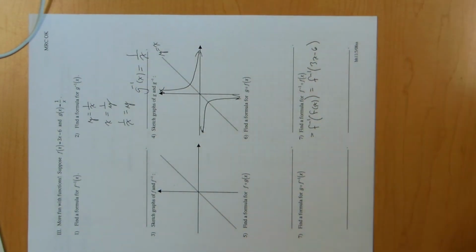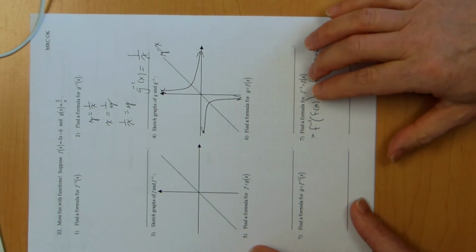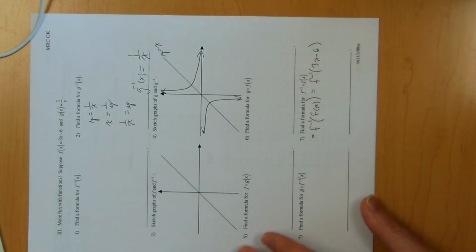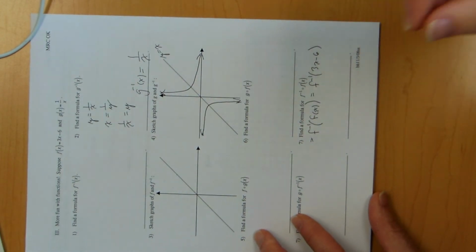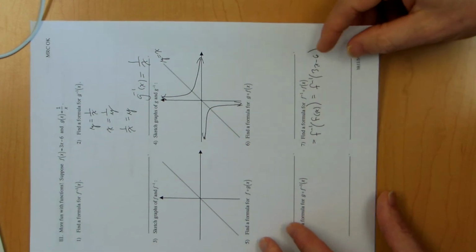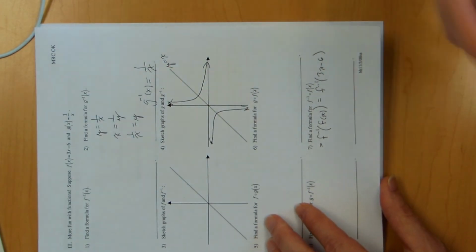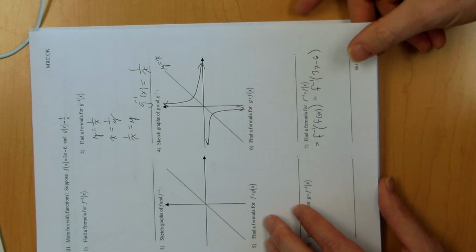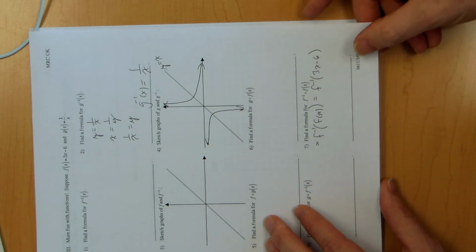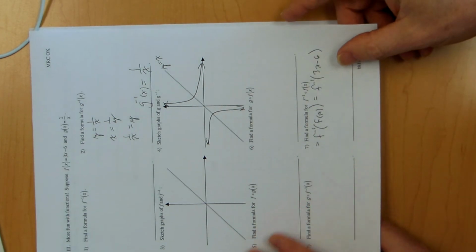Something kind of cool about composing a function with its inverse in either direction is you should just get x back, because when you compose a function with its inverse, you just get the identity function. Basically, that's another way of saying inverses undo each other.